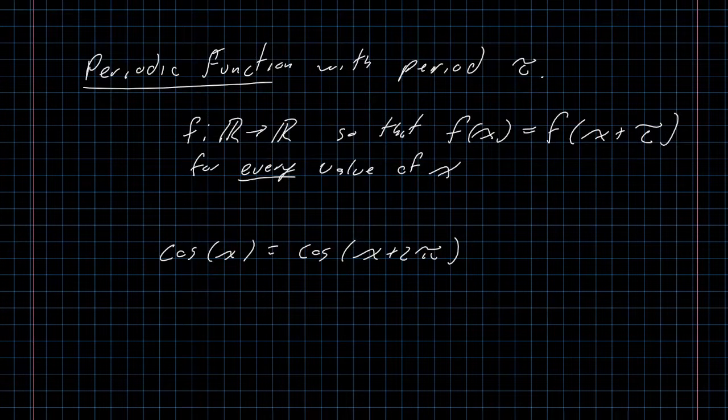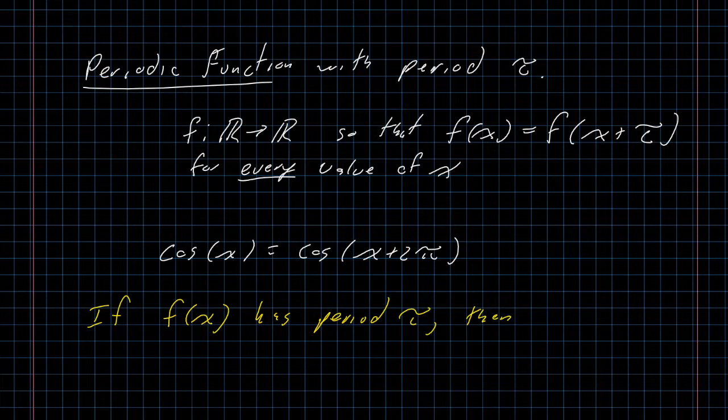In general, if f of x has period tau, then it also has period 2 times tau, 3 times tau, 4 times tau, and so on.